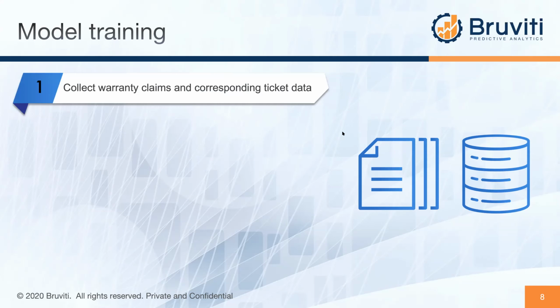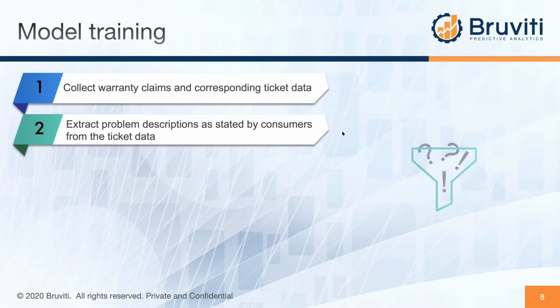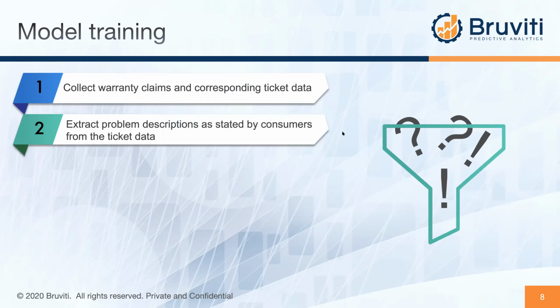So here is the process of how we train the model. The first thing we do is data collection. Here is what we are collecting: all the data, claims, the ticket data, every piece of information that comes from your CRM tool once the call comes in. Then we extract the problem description as stated by the consumer. This is where wordsmithing comes in, where we understand what the words are.